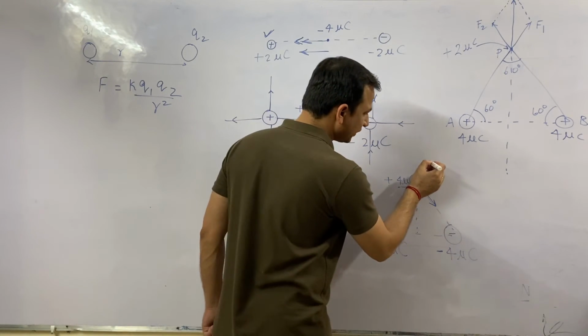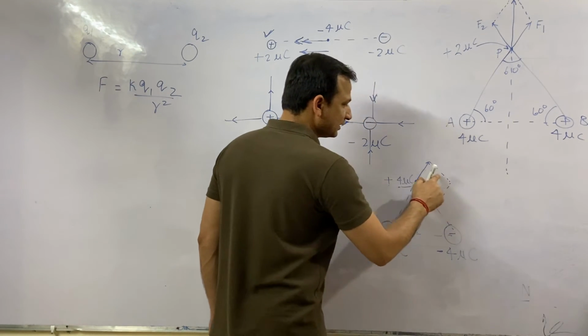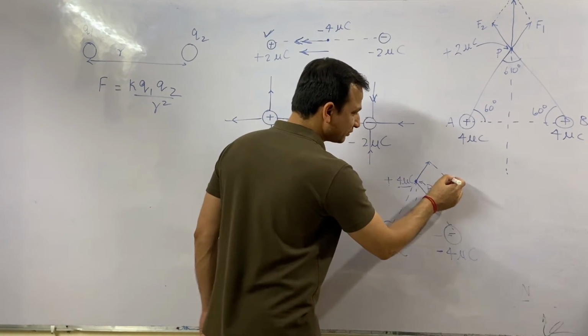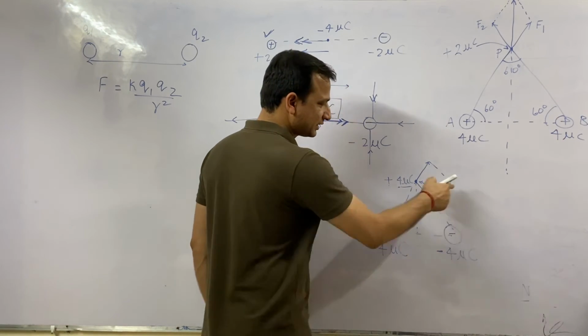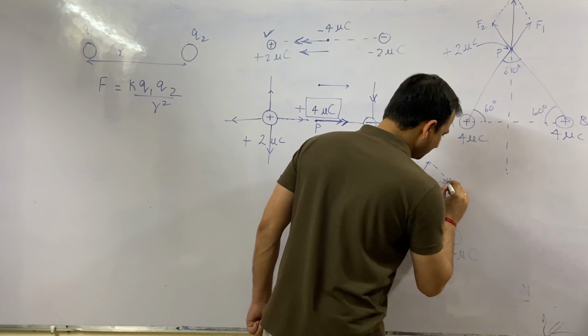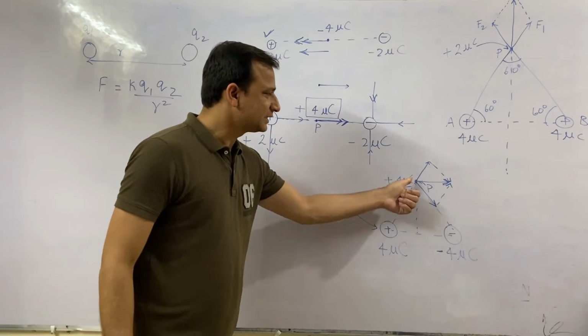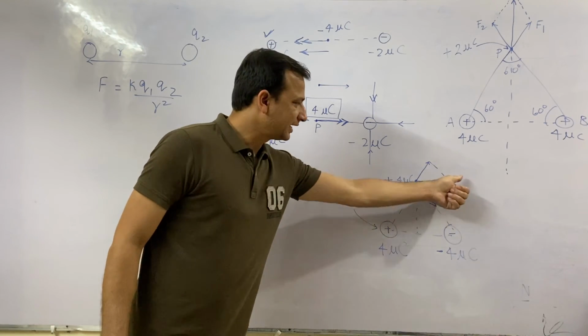Now if you use the law of parallelogram of vector addition, you will find the vectors will get added something like this, in this direction, and the direction of force would be something like this. So the direction of force is acting to the right side.